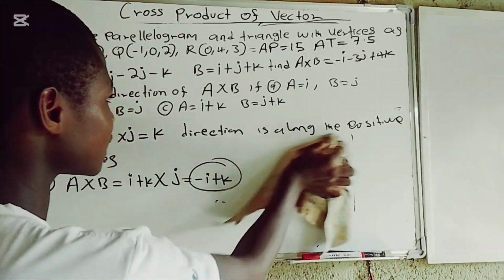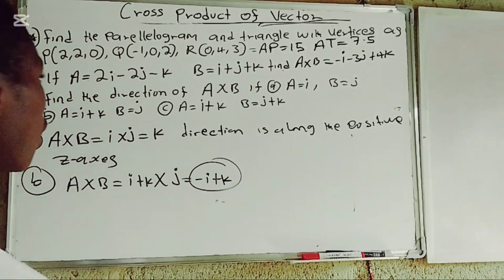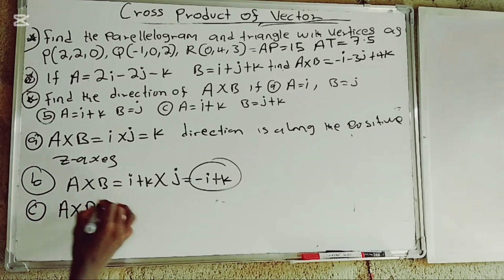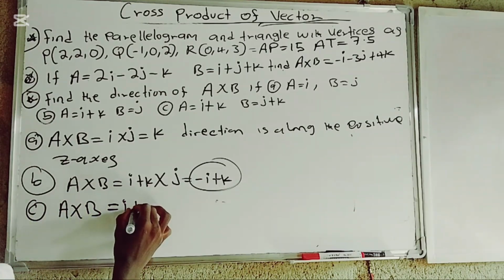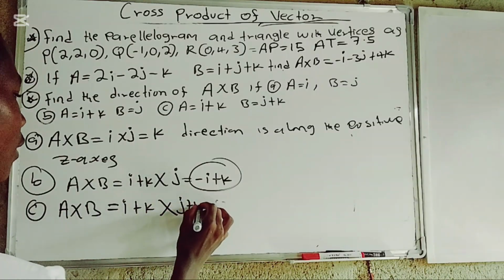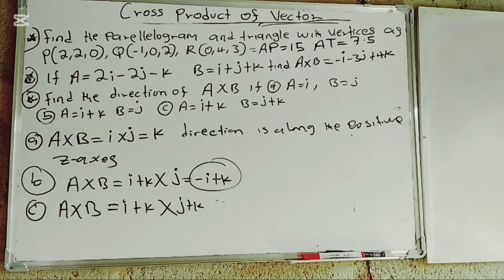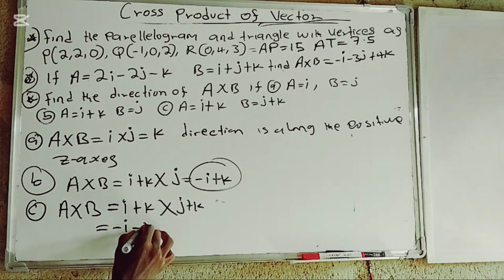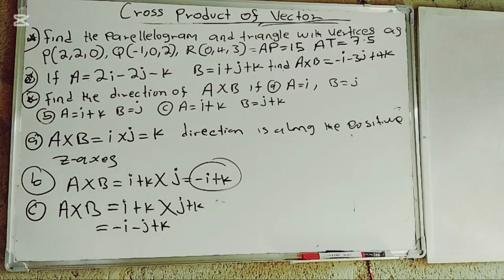Then the last question, the last but not the least, also says C cross product of this, which is equal to i plus k cross j plus k. So the final solution to this is negative i, negative j plus k.